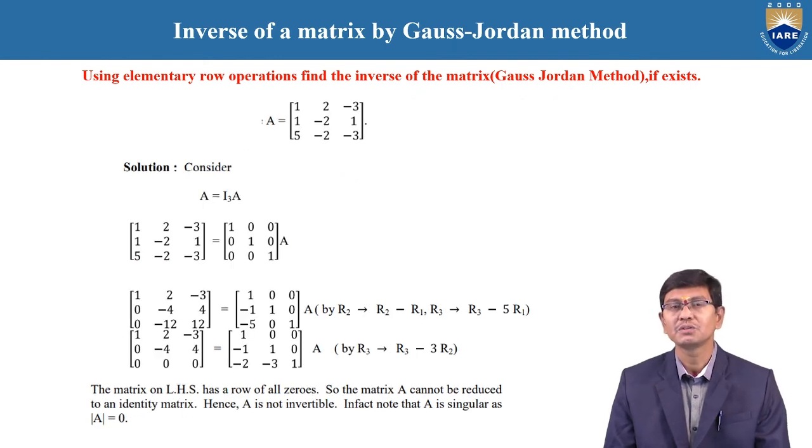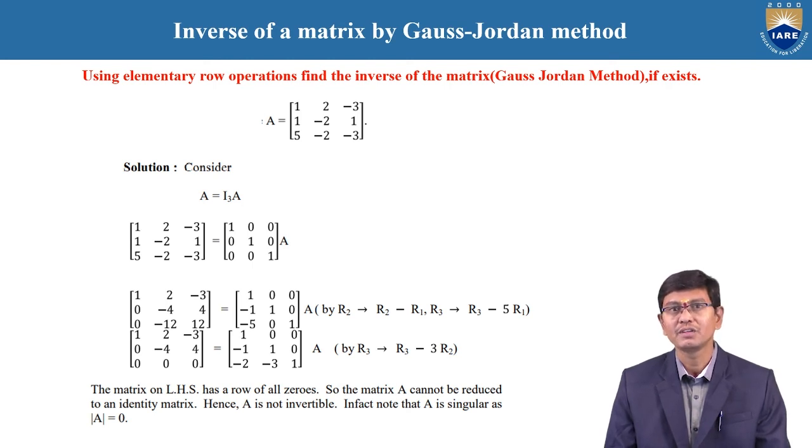Similarly, this is also an example you may calculate and check again. It is also not possible to find the inverse of this matrix by using the Gauss-Jordan method, because here also, according to these two row operations, the final row is reduced to 0 0 0.